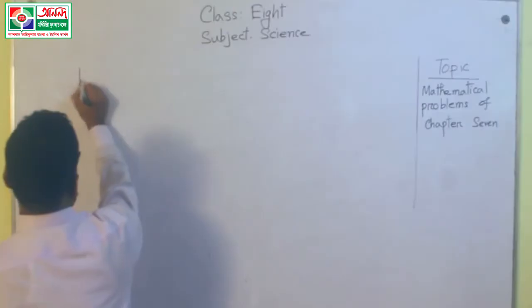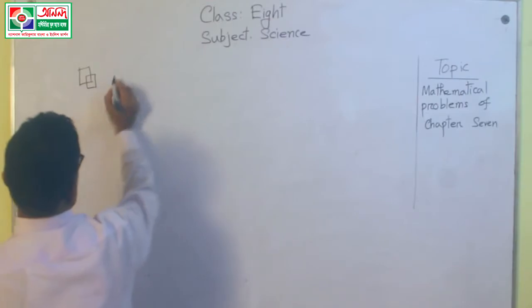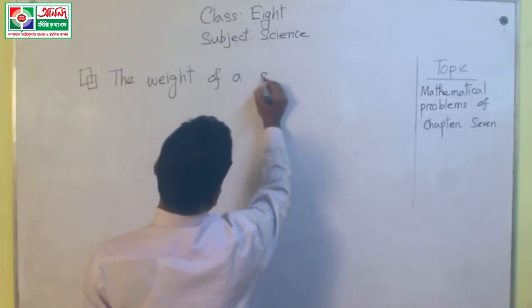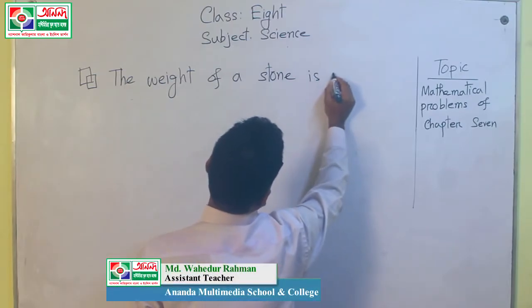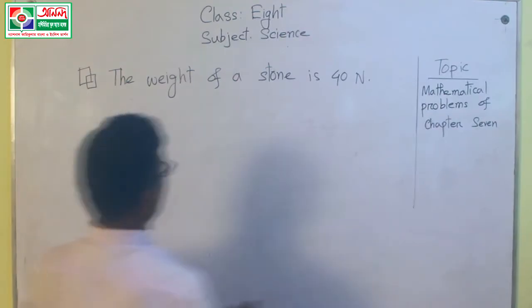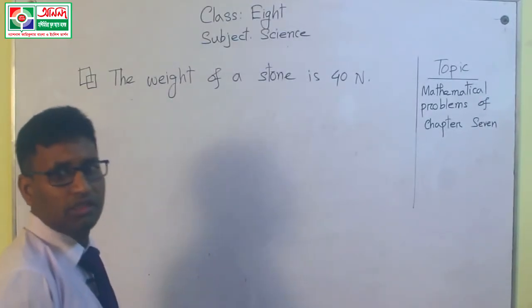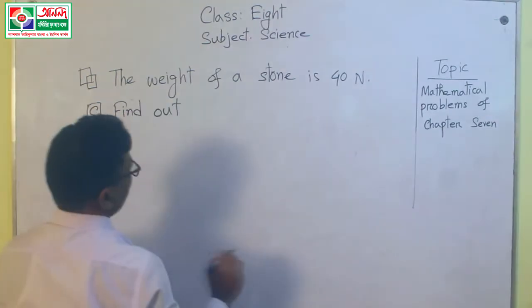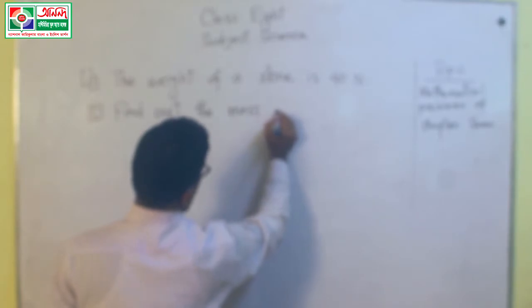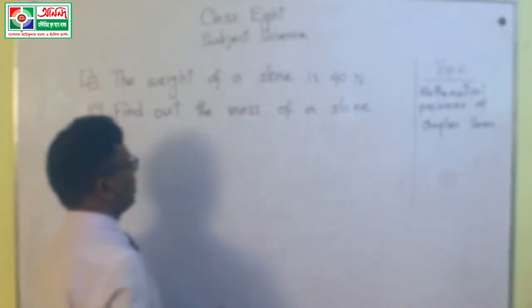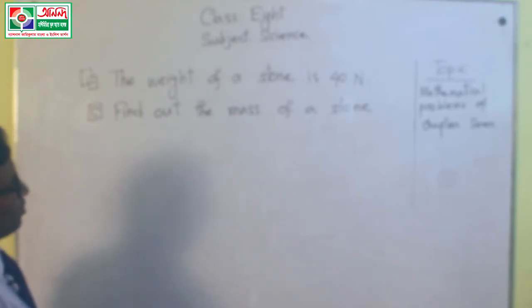Suppose another mathematical problem: the weight of a stone is 40 Newton. Question: find out the mass of the stone.